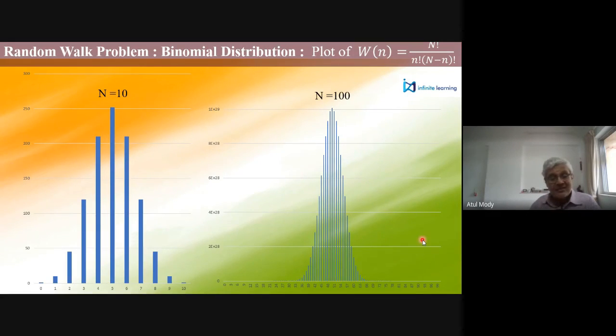Does this give you a clue to the problem we posed last time? Remember the problem we posed last time? That I open a perfume bottle in a room and the perfume spreads in the entire room. What is the chance that all the perfume will go back into the bottle? Now you can answer the question in terms of the size of the bottle and the size of the room.